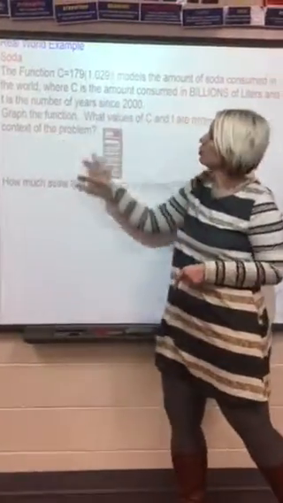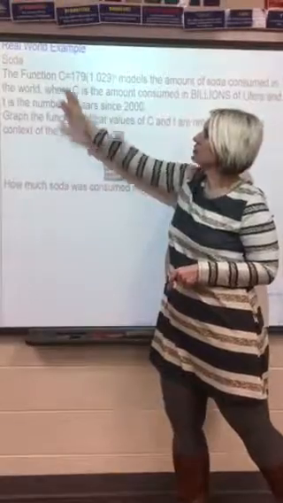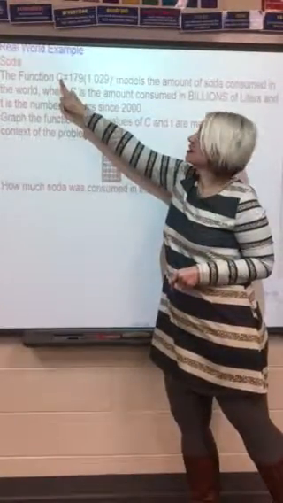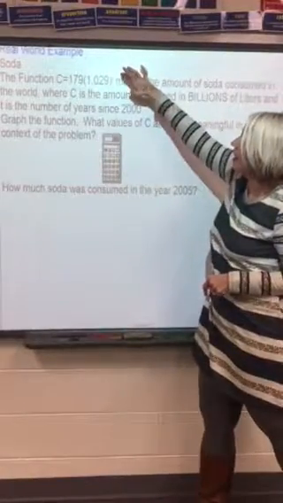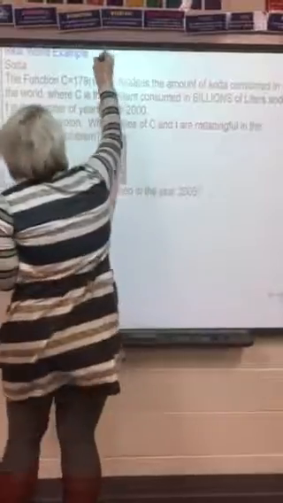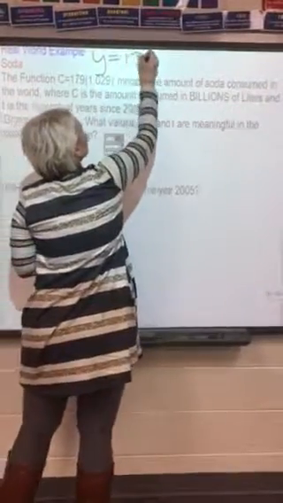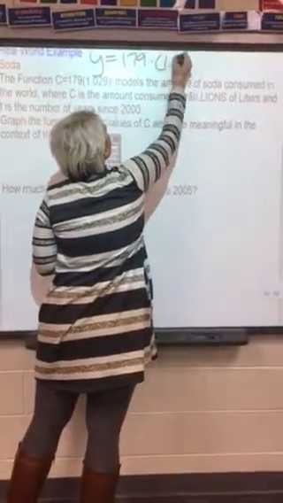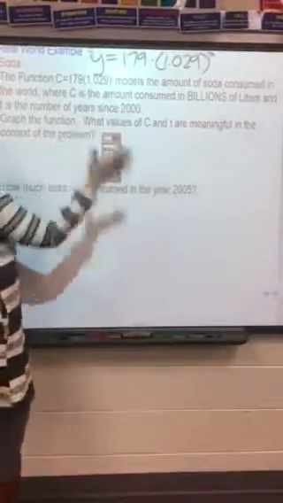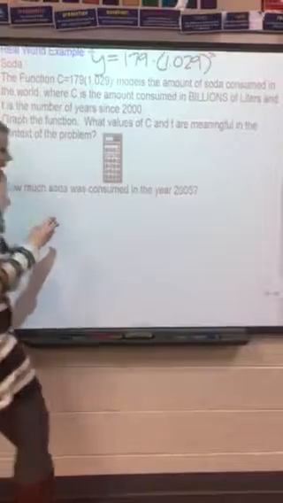Now we have a real-world problem where we have a function of soda. C is going to be the amount of soda consumed in billions of liters. T is going to be the time or years since 2000. I'm going to adjust this just a little bit and make it y equals 179 times 1.029 to the power of x. Now when I type it into my Desmos, I'll use the y and the x.